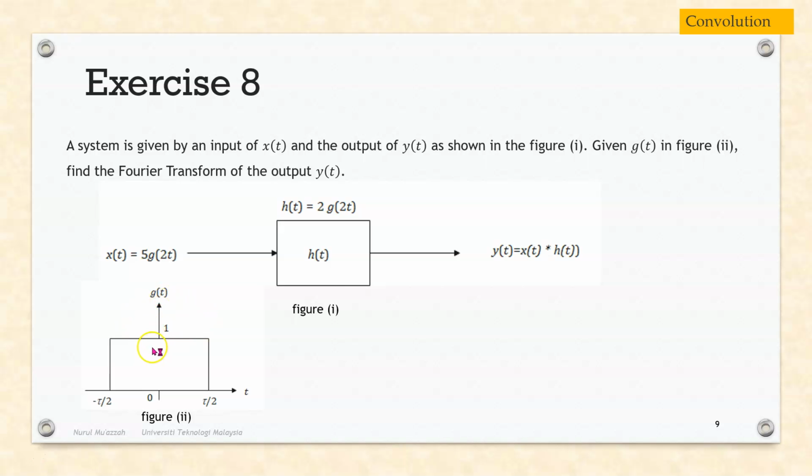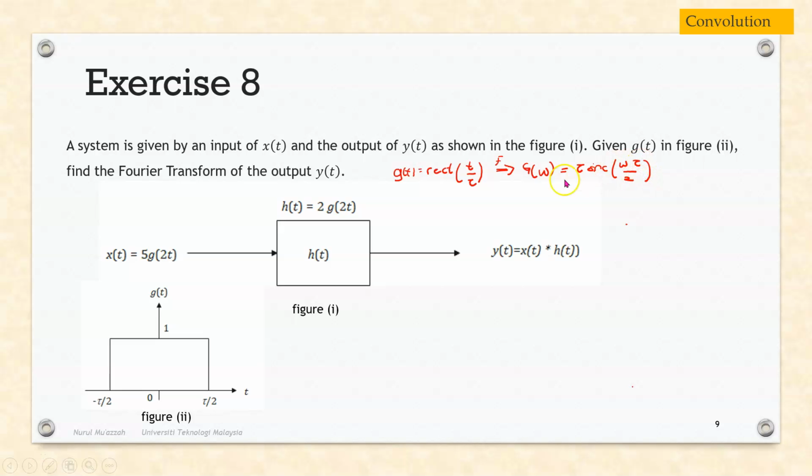So if we see this, gt is basically a rectangle function, from the original rectangle function. So from here we can say that gt is rectangle t over tau. Okay, and then we will get the Fourier transform, which is g omega equal to tau sinc omega tau over 2.